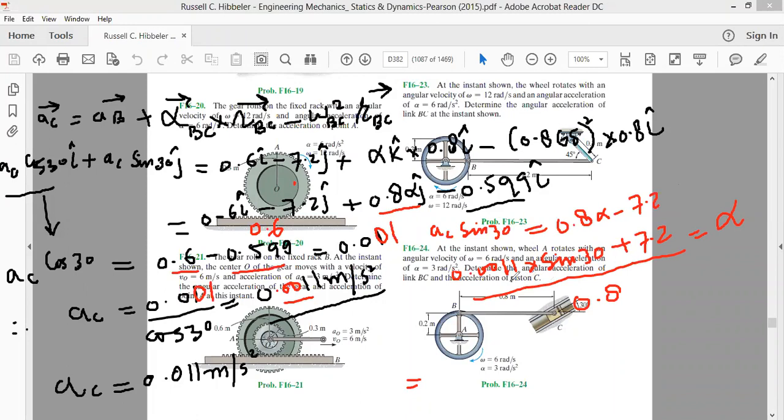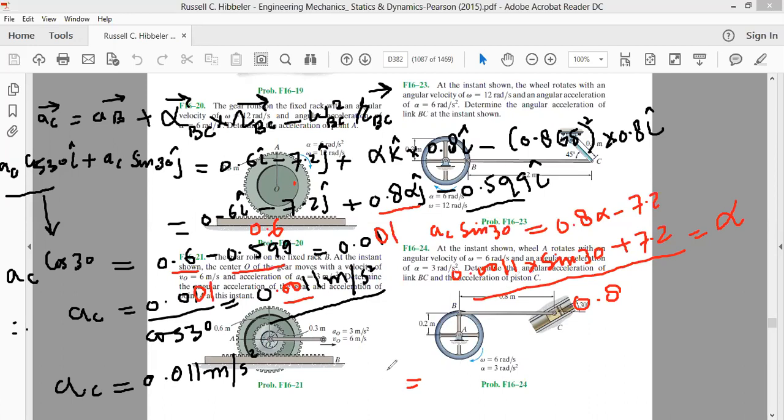So sine 30 multiplied by 0.0011 is about 5.5 into 10 raised to a small power, and 7.2 divided by 0.8 comes out equal to 9.0006.